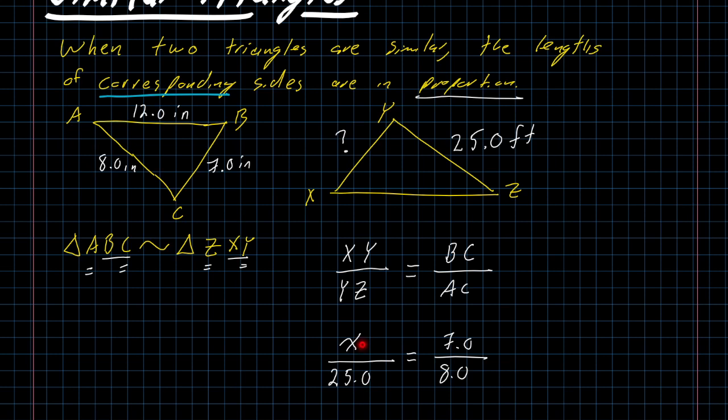If this measurement, the unknown x, is also in feet, then the units will cancel out between numerator and denominator. This measurement is in inches. This measurement is in inches. The inches cancel out in numerator and denominator. I know that x has to be in feet, and then all the units cancel out, and my equation is unitless from here.